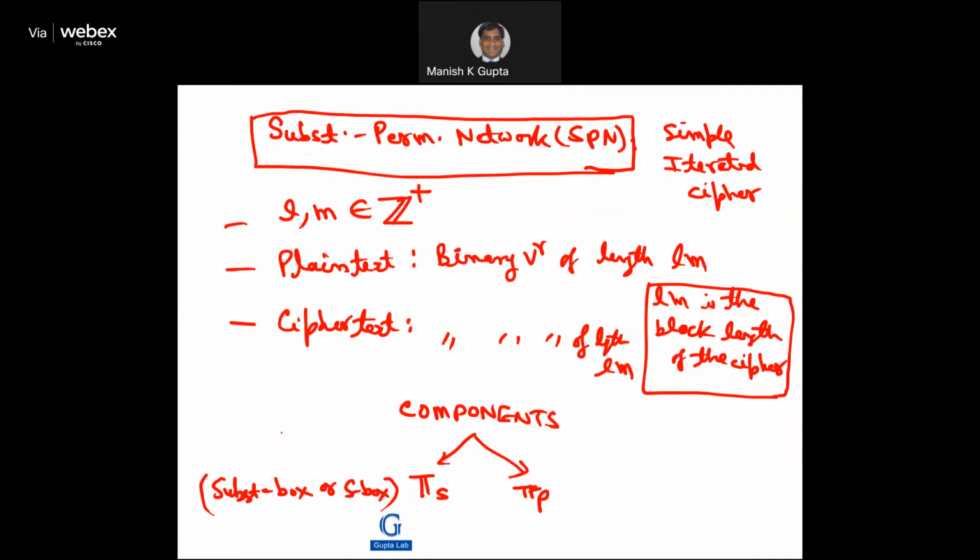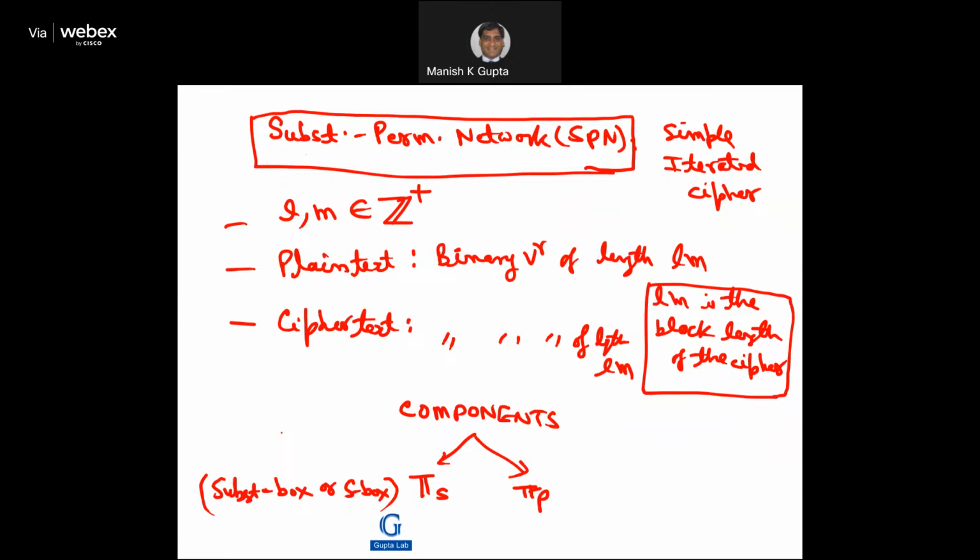Fine. And there are two components, pi_s and pi_p. pi_s is known as the S-box or substitution box. We call it the S-box simply, right? I will show you later how we mount an attack by getting a linearization of the substitution box. And then the permutation.